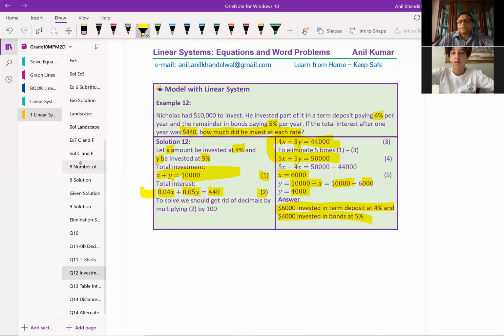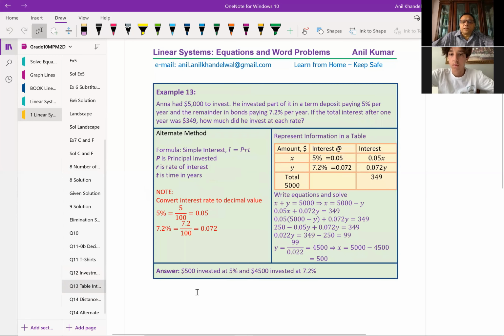Easy and simple. Now here I like to share with you another method of solving this particular question. I'm doing it on purpose, to say that many times it is important to write the information in tabular form. If you put the information in tabular form, it becomes simpler to write down the equations and then solve. So we have a similar question.